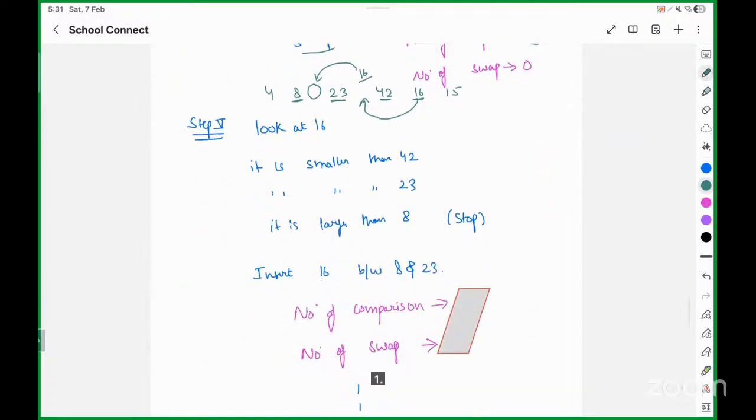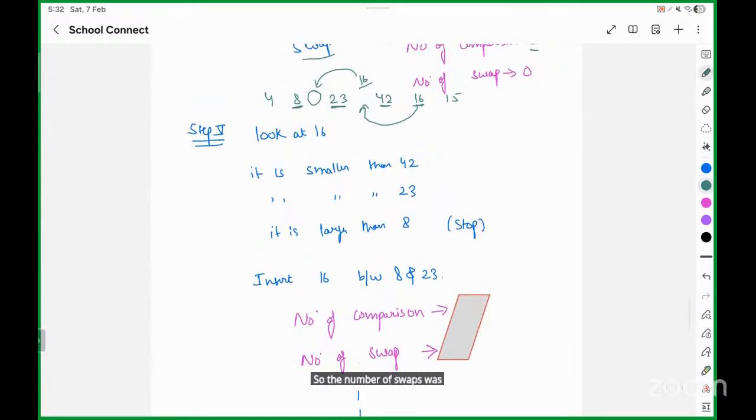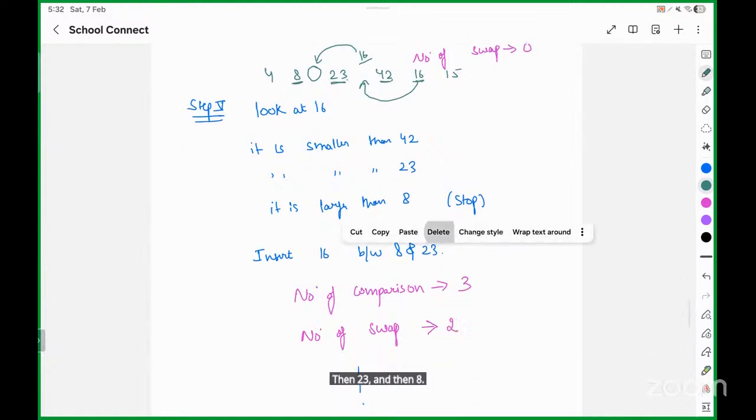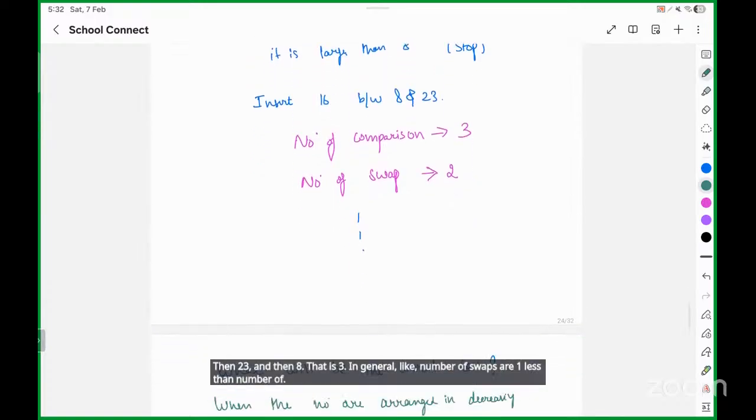And if we look at 16, we swapped 16 first between 23 and 42, and then we compared it with 23 and swapped between 8 and 23. So the number of swaps was 2, and the comparisons we did were first with 42, then 23, and then 8, that is 3. In general, the number of swaps is 1 less than the number of comparisons.